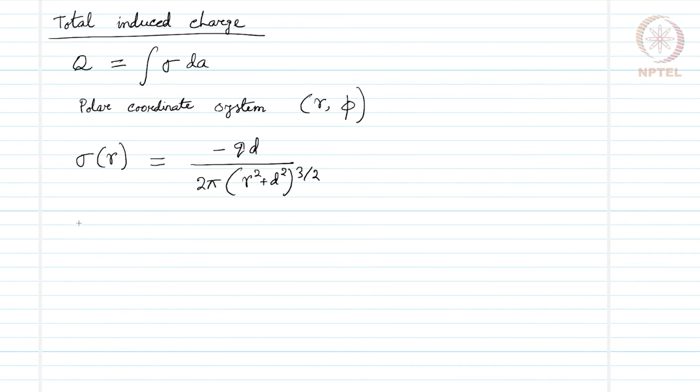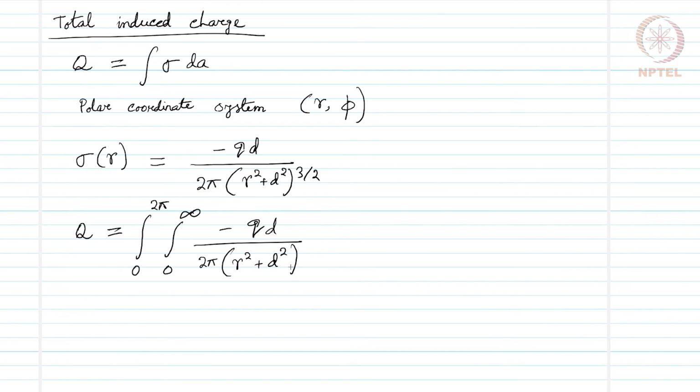That is simple. So if we integrate it, we will get q over phi. The range of integration is 0 to 2 pi, and over r it is 0 to infinity. We have the integrand minus q d over 2 pi times (r squared plus d squared) to the power 3 over 2, times r dr d phi.